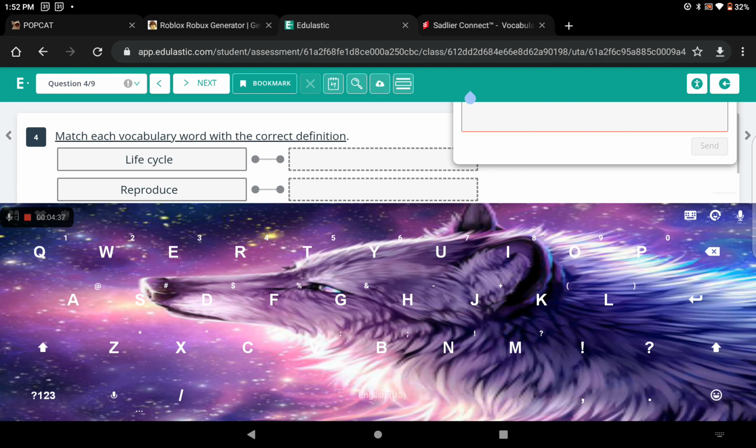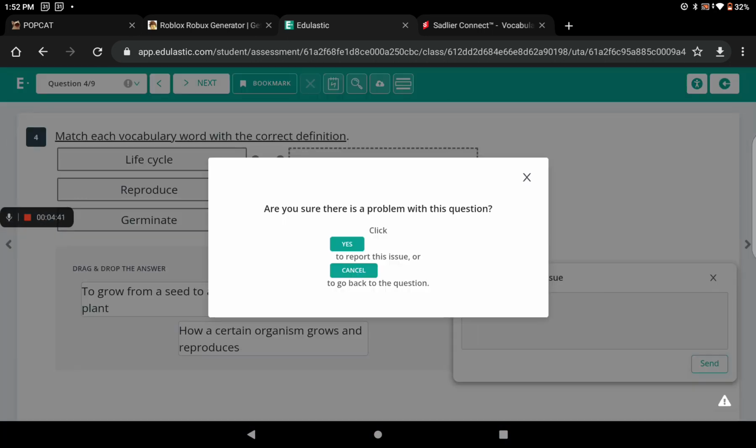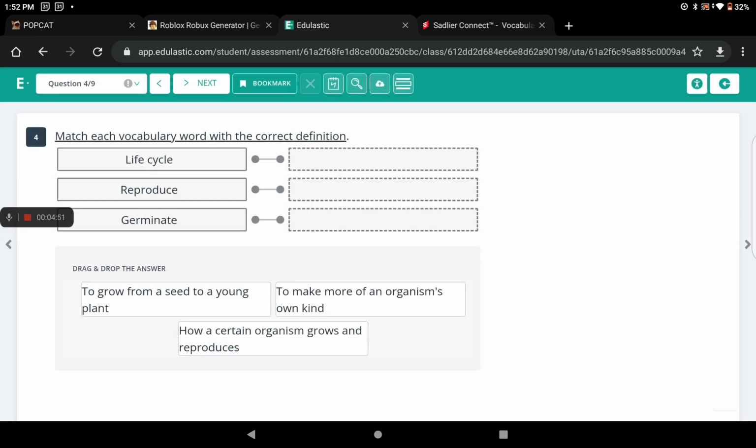Now think first, what does each of those words mean to you? Now I'm going to read the definition and think which one will match the word.